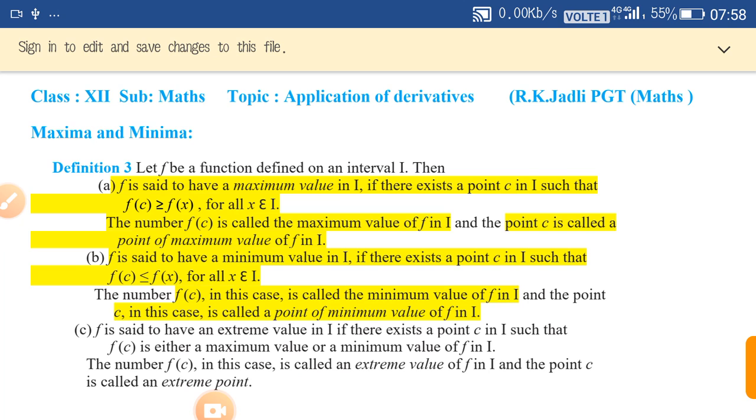Let f be a function defined on an interval I. I is the interval. It may be the domain of the function also.